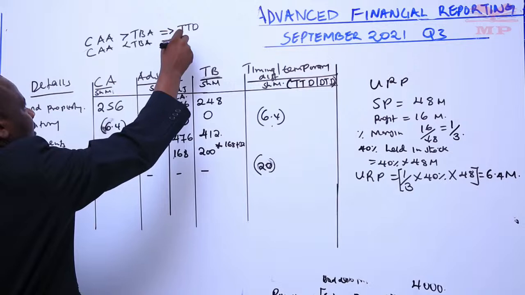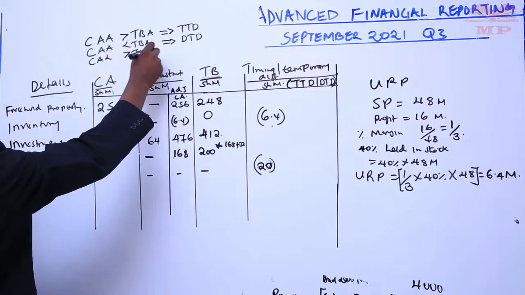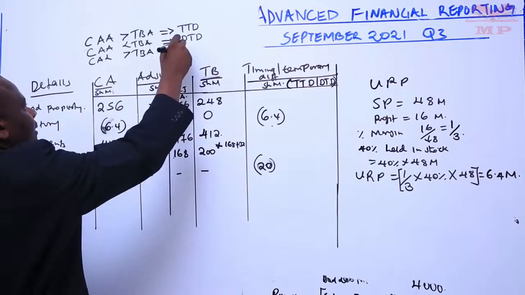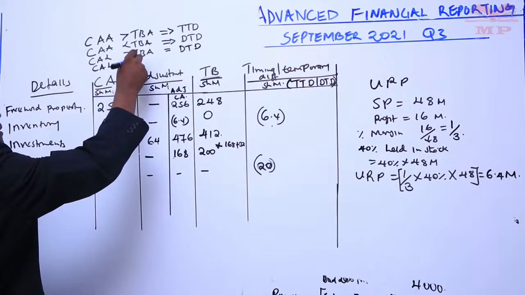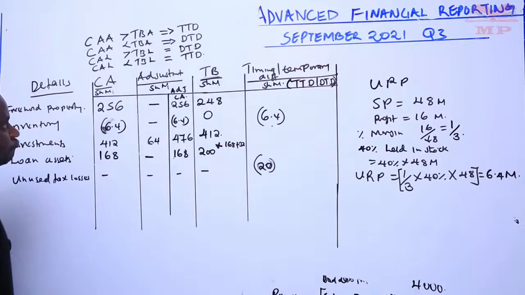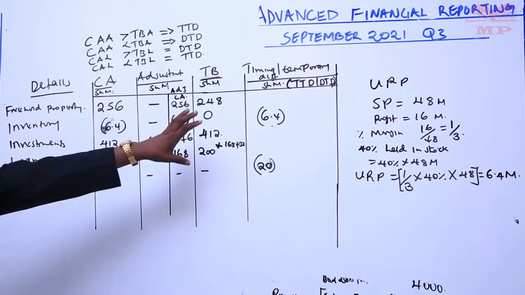When the carrying amount of a liability is greater than the tax base of the liability, you get a deductible temporary difference. When the carrying amount of a liability is less than the tax base of the liability, you get a taxable temporary difference. So we are going to apply this when getting our temporary differences.